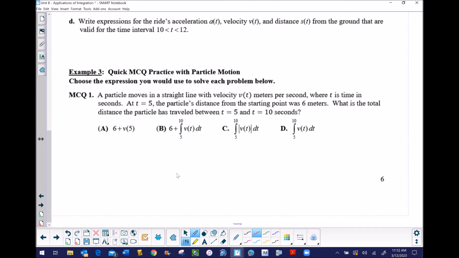Is it A, B, C, or D? What is the total distance the particle has traveled? And we really appreciate those of you definitely going out on a limb here to do this.